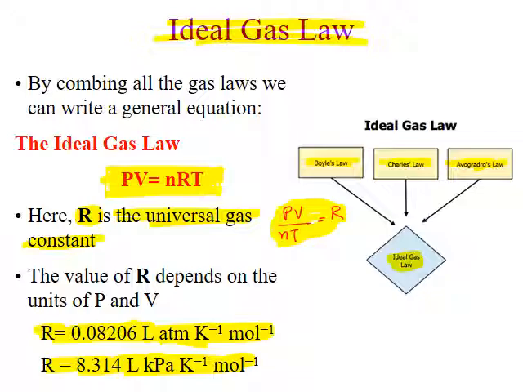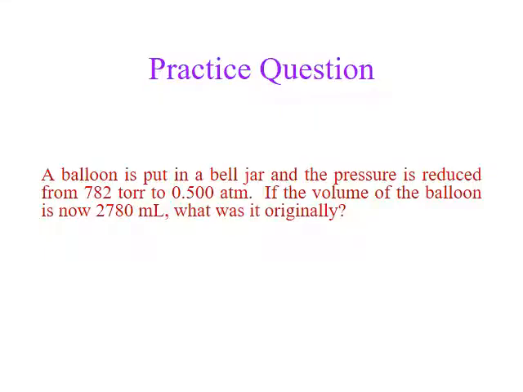For instance, let's take the first question. The first question says a balloon is put in a bell jar and the pressure is reduced from 782 torr to 0.5 atm. So the question is telling us this is pressure. The pressure is reduced from this, so this is the initial condition given to us, which is P1, to this, which means this is P2.